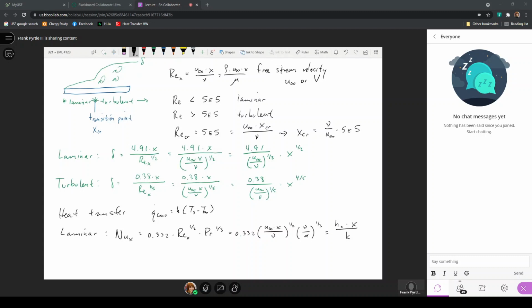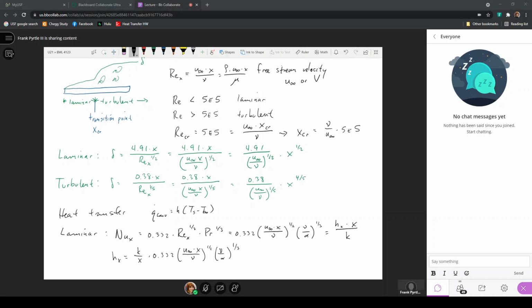So if I rearrange this expression for h as h sub x, it says that h sub x would be equal to the thermal conductivity divided by x times 0.332 times free stream velocity times x over nu, to the 1/2, times nu over alpha to the 1/3 power.